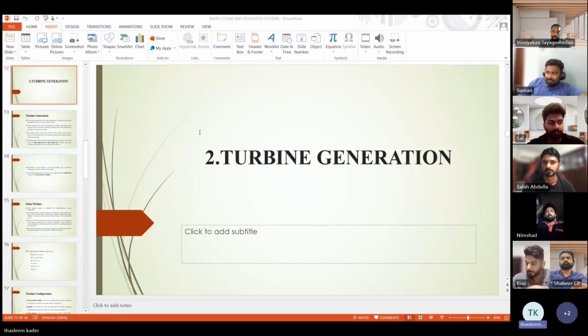There are three, as we discussed before. The low pressure turbines help to maintain the pressure, the shaft works, and it helps to run the generator and produce electricity.